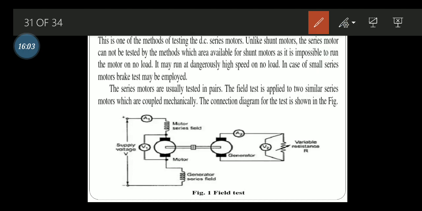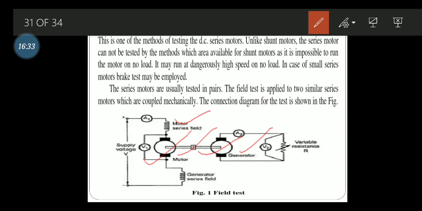Here two machines are considered, both are series machines. One machine, the motor under test, is coupled with another machine. In this case the other machine acts as a generator.